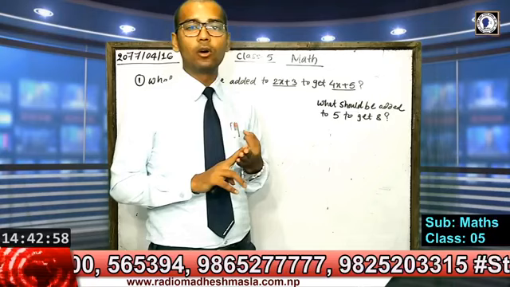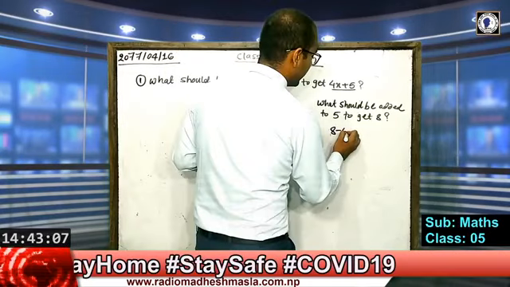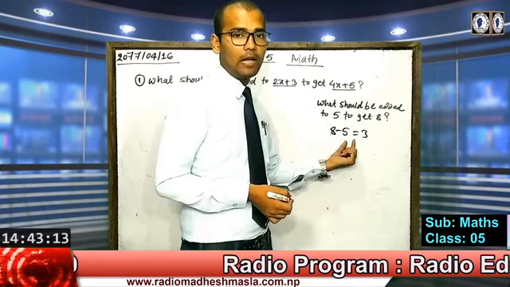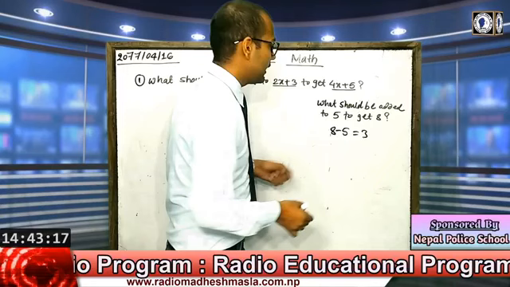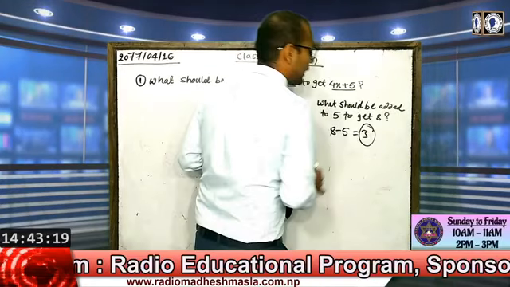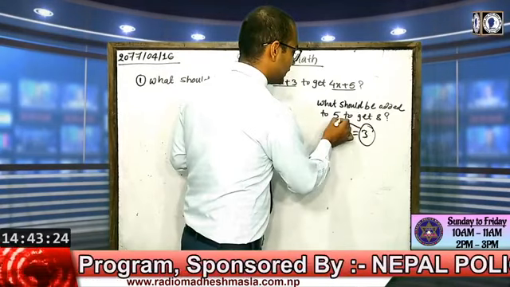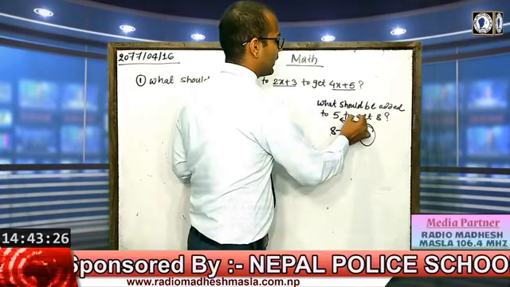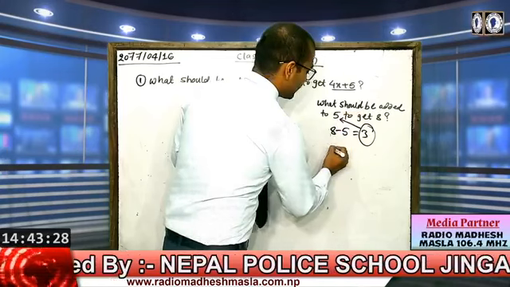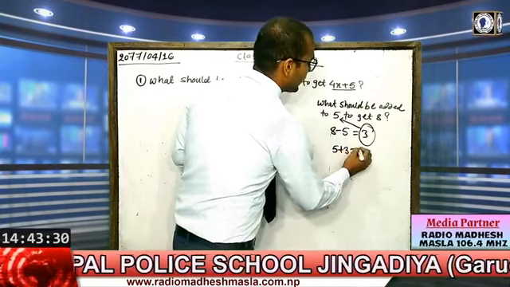That means when we subtract 5 from 8 then we will get 3. And 3 is the required number. That means when we add 3 to 5 then we will get 8, it means 5 plus 3 is equal to 8.